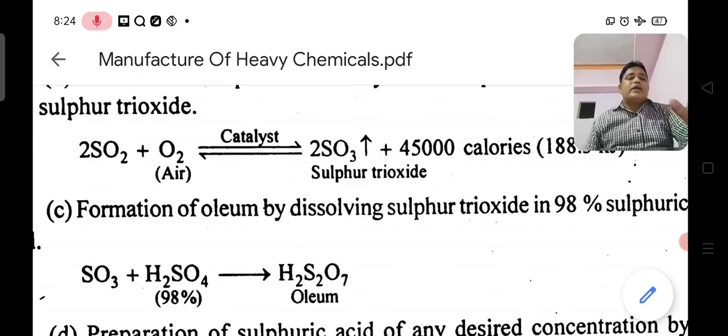For this, SO2 and O2 gases are present in the molecular proportion of 2:3. Hence, the amount of air to be mixed with SO2 should be carefully controlled. In practice, oxygen from Linde's plant or Claude's liquid air plant is mixed with SO2 in the proportion of 3:1 by volume.